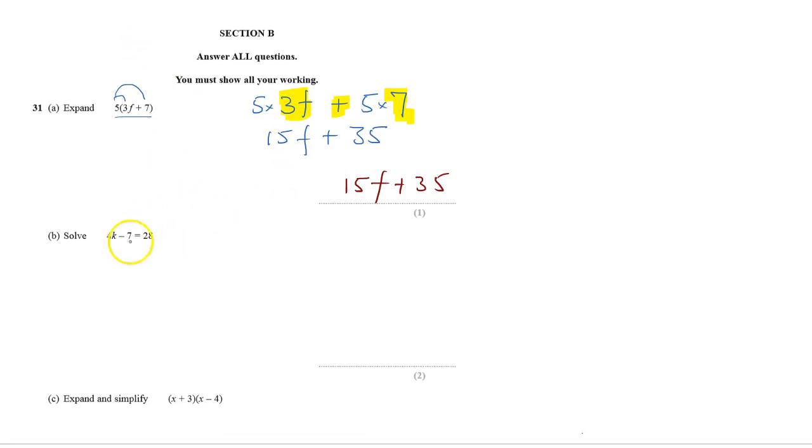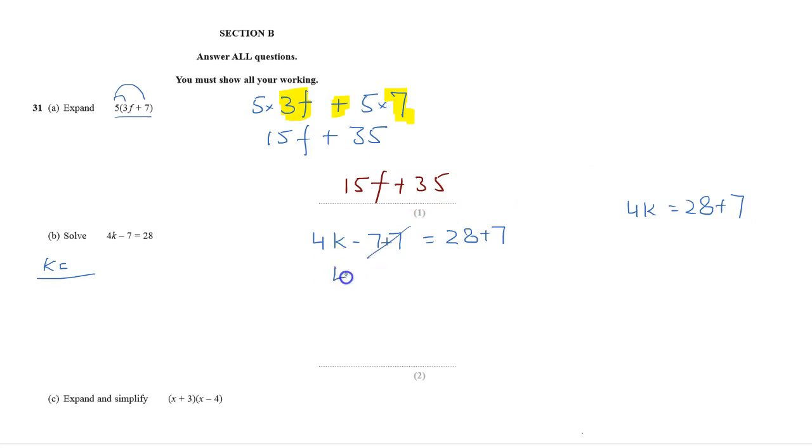Part B: solve means you have to write what k is equal to. So we have 4k minus 7 is equal to 28. Remove this 7, this is minus 7, so I add 7 here and I add 7 here. 4k is equal to 28 plus 7.